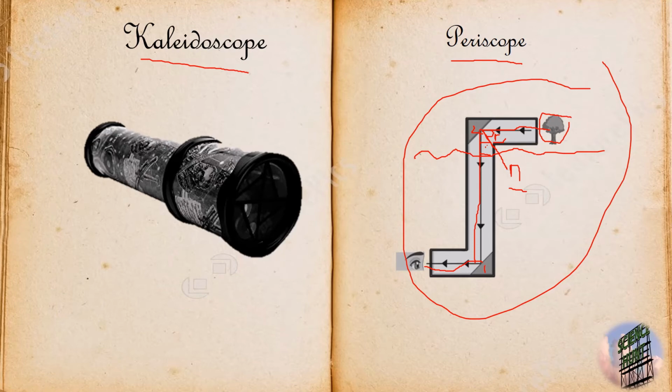The term kaleidoscope was derived from 3 Greek words: kalos, meaning beautiful, eidos, meaning form, and scopos, meaning viewing, means beautiful form viewing, that is kaleidoscope. So this is the story behind kaleidoscope and periscope, and these both objects are very useful in our day-to-day lives. Not kaleidoscope but periscope. Kaleidoscope is just for entertainment.